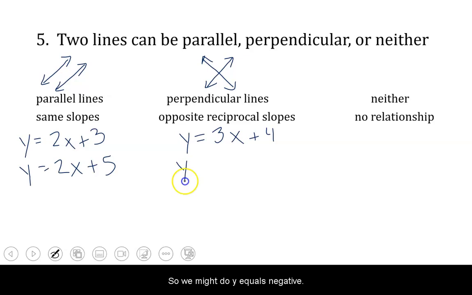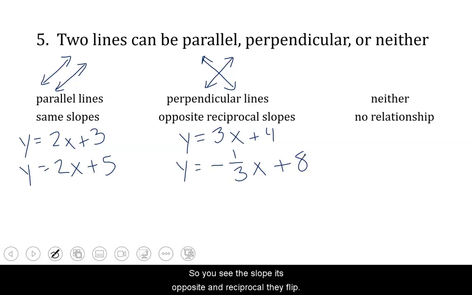So we might do y equals negative 1/3 x plus 8. So you see the slope, it's opposite and reciprocal, they flipped.